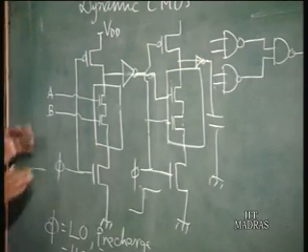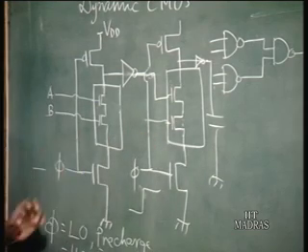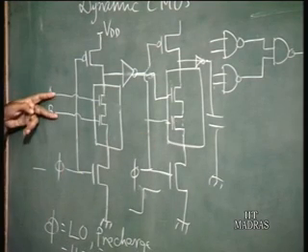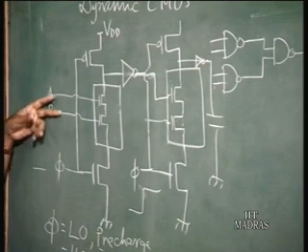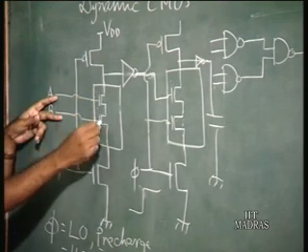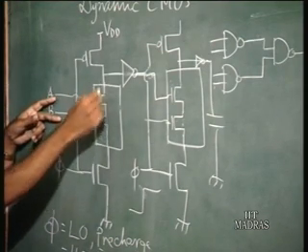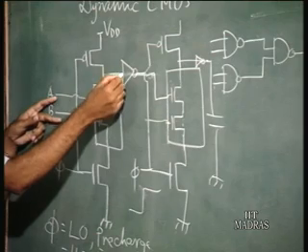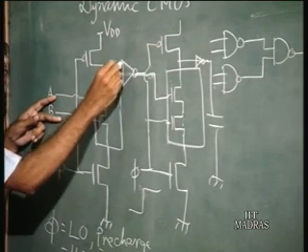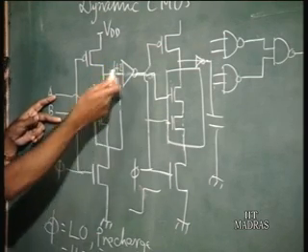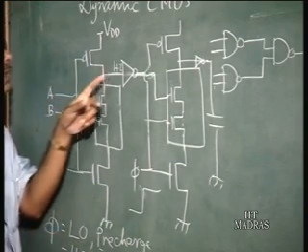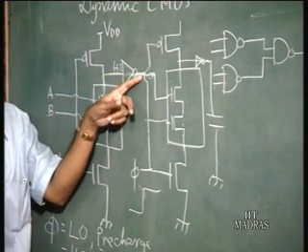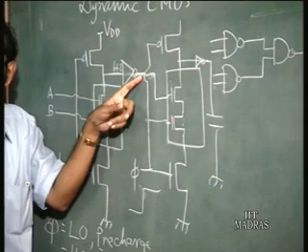Now suppose you have stages like this. Suppose A and B go high. Then the output which was high here in the pre-charge phase, this capacitance gets discharged through this path. So this high goes low, then the output of this inverter goes high.